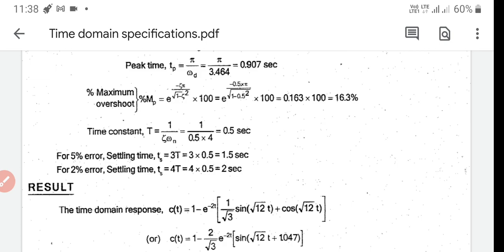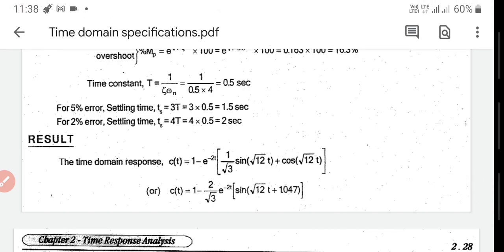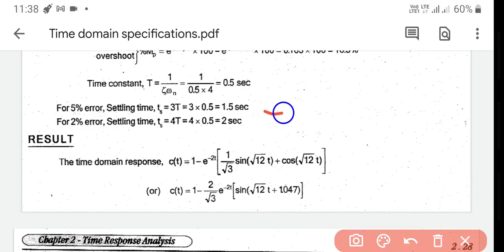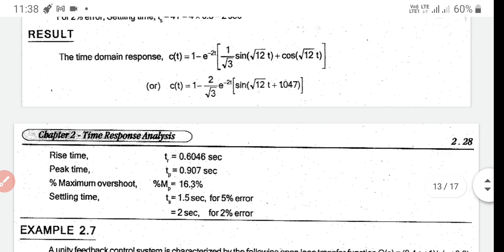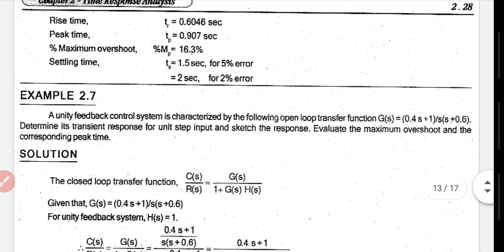So first find the time constant, that is 1 by zeta omega n, that is nothing but 1 by 0.5 into 4. What is the value? 0.5 second. So you have calculated the T value. So ts is equal to 1.5 second for 5% of error and 2 second for 2% of error. So like this you have to calculate all the values based upon the given g of s and h of s. Is it okay?